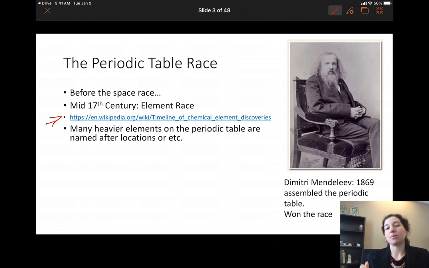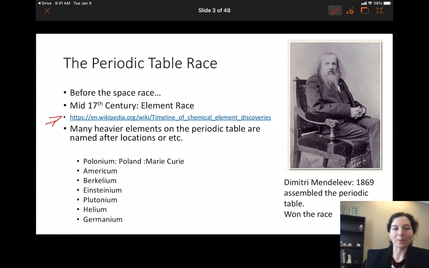Many of the heavier elements on the periodic table, the ones lower down, are actually named after locations and things. Some of them have really weird names. Polonium, fun fact, is named after Poland. This is one that Marie Curie discovered and she named it polonium. Americium is named after America. Berkelium is named after Berkeley University in California because it's a more recent element.